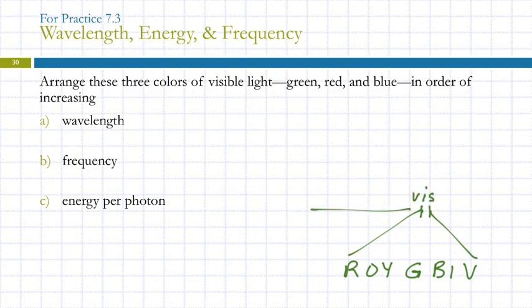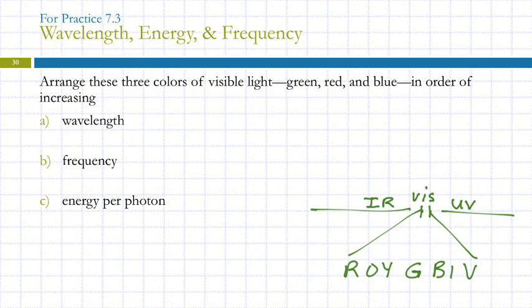And then I had this electromagnetic spectrum, right? What was next to violet? Ultraviolet, right? So UV. And what was next to red? Infrared, or IR. So that's not too hard, right?